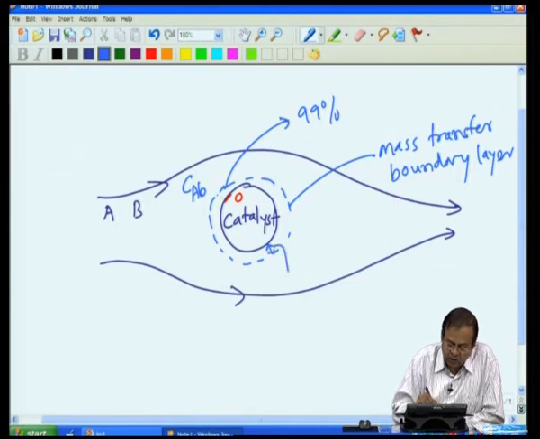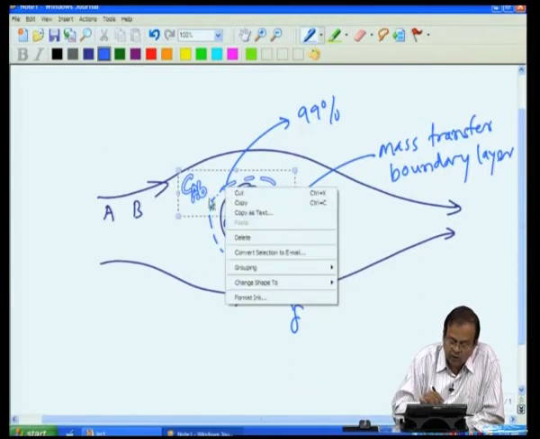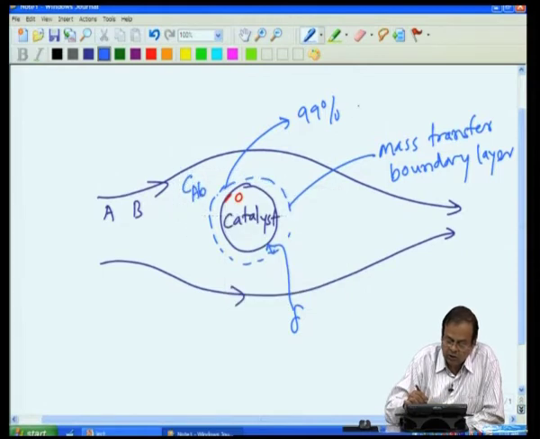This thickness is delta, and it is such that at the outside edge of this layer the concentration is 99% of CAB.